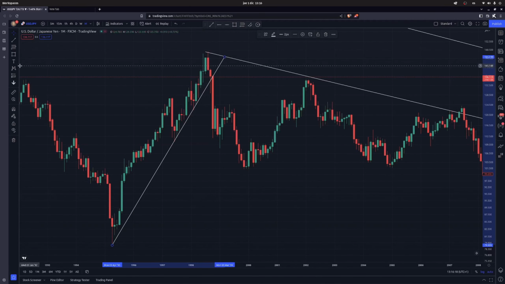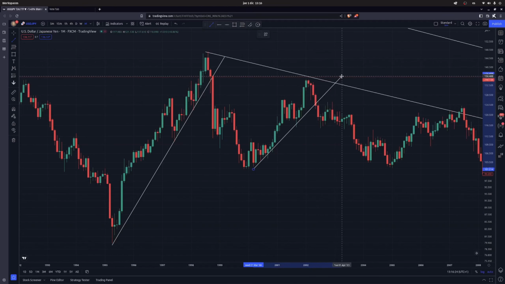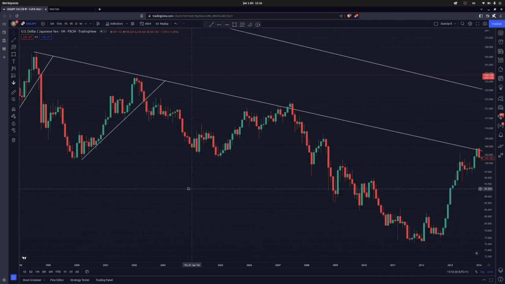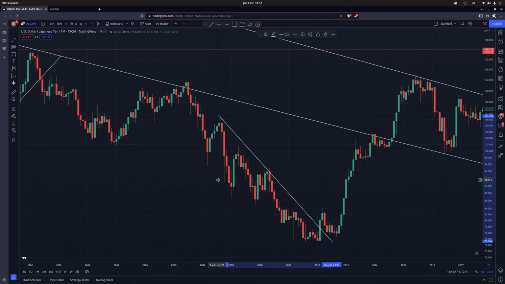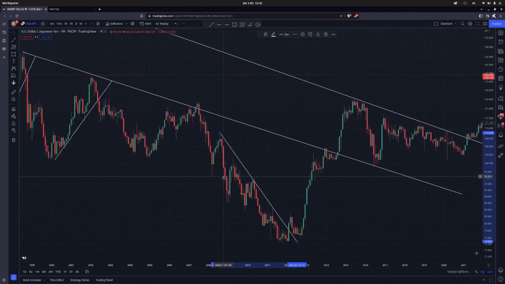As well as here, something like that maybe, right? Here 1, 2, 3, 4, 5 touch points. Here would have again a downtrend, right?